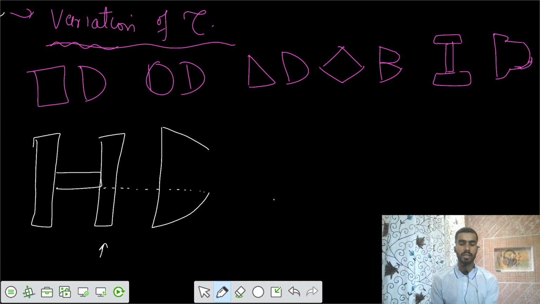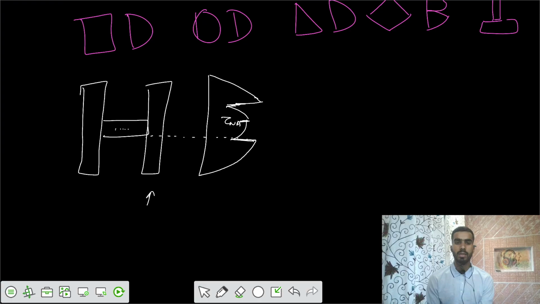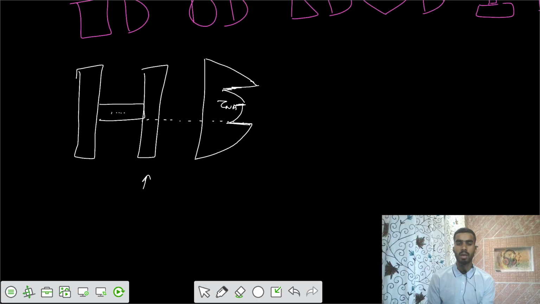If the depth is increasing, that means the shear stress would decrease. But after that, as we go towards the neutral axis, the shear stress would increase to some value. That's tau at the neutral axis. So you get this variation.